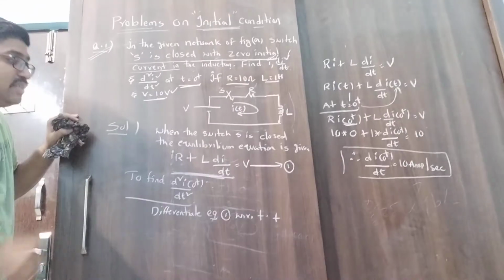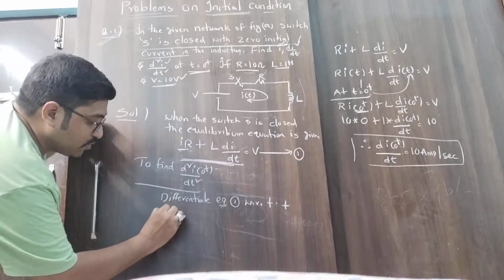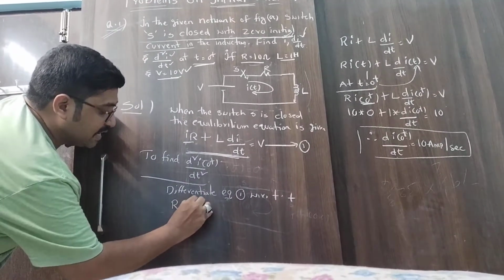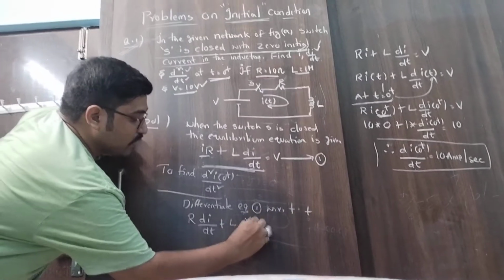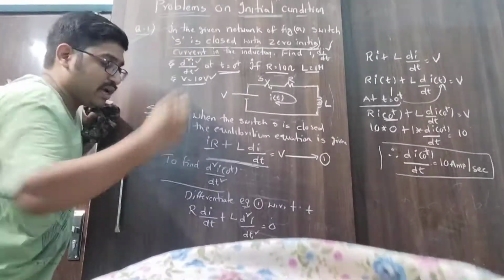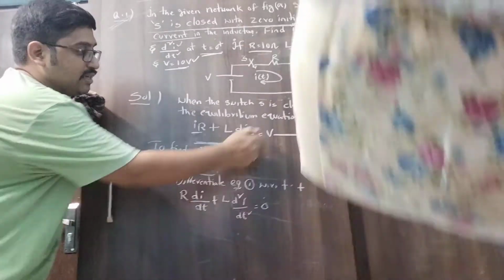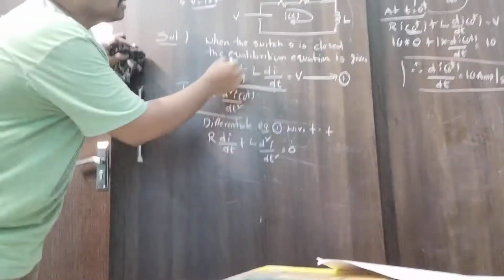If I differentiate, what am I going to get? R into dI divided by dt plus L into d square I divided by dt square is equal to dV by dt. With respect to time, V is constant, so its derivative will be 0. So now what is the value of R?